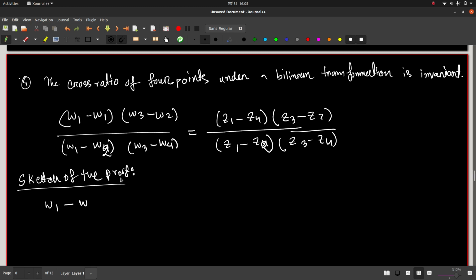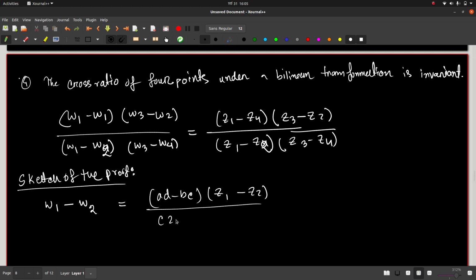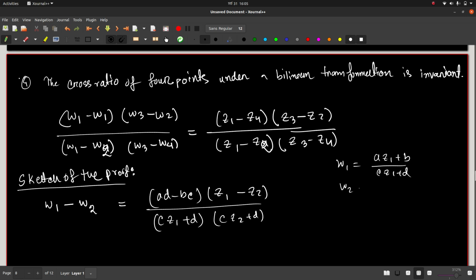What you do is that you take this W1 and W2 that are coming out of some bilinear transformation, and you take their difference, and the difference is simply ad minus bc times Z1 minus Z2 divided by cZ1 plus d times cZ2 plus d. This is pretty simple. You just put W1 as aZ1 plus b over cZ1 plus d, similarly for W2, and then you take the difference.